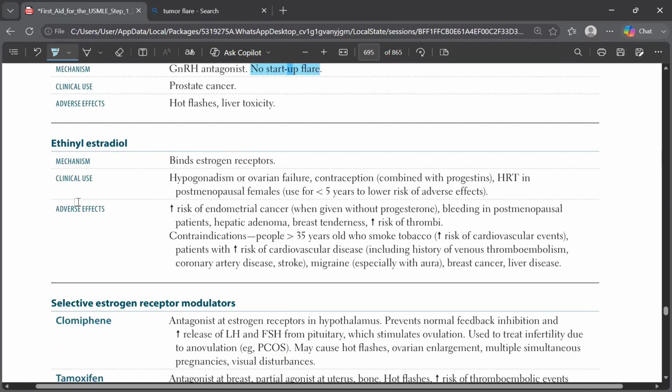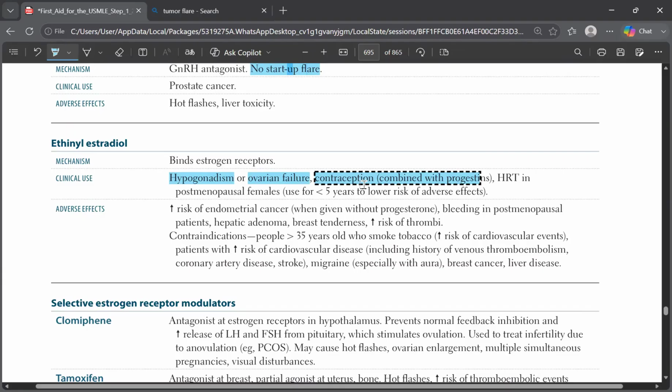Then we have ethinyl estradiol. It binds the estrogen receptors, and its clinical use is that it is used for hypogonadism because it is an estrogen analog, or ovarian failure. It is also used in contraception combined with progestins, and HRT in postmenopausal women, used for less than 5 years to lower risk of adverse effects.